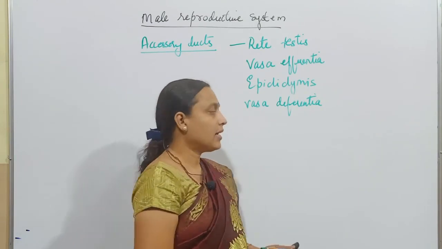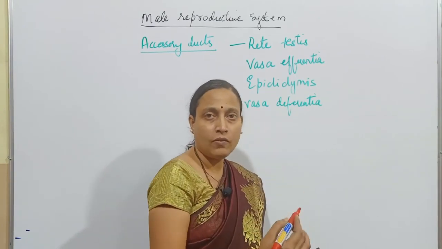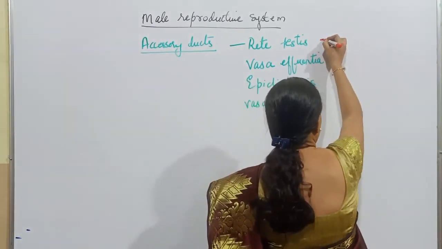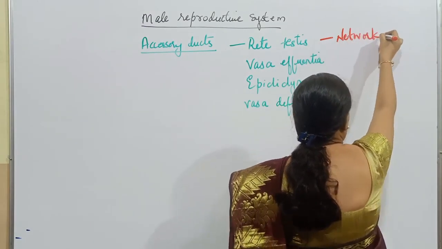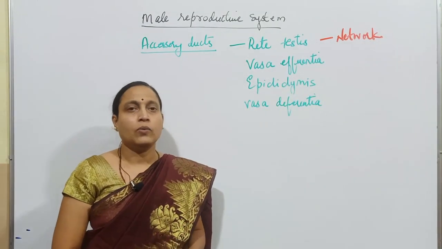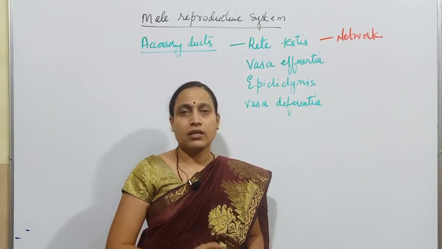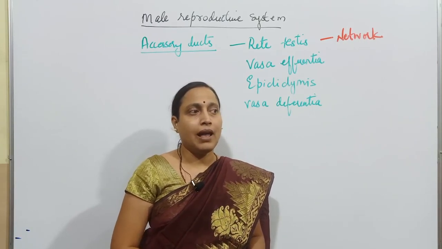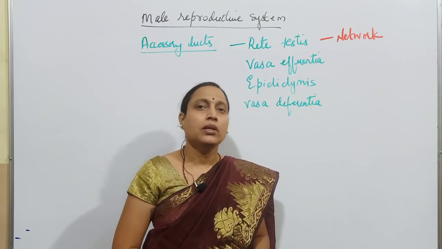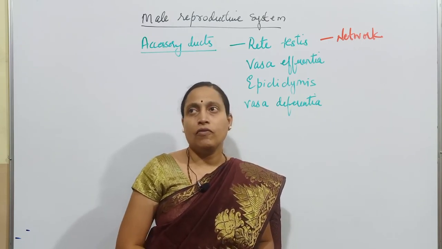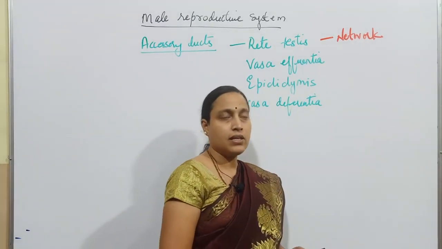So rete testis has to be understood as a network of ducts. They are very minute ducts present in the form of a network. The seminiferous tubules arise as tubuli recti and they unite and form a network of tubules called rete testis.